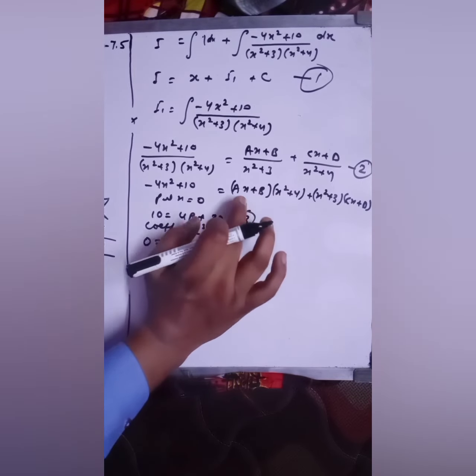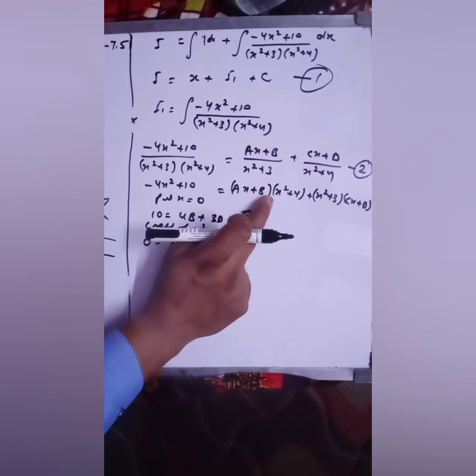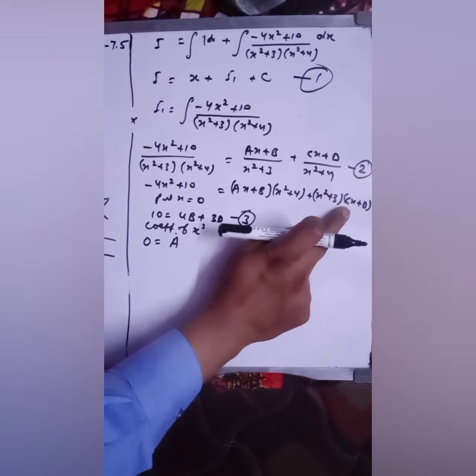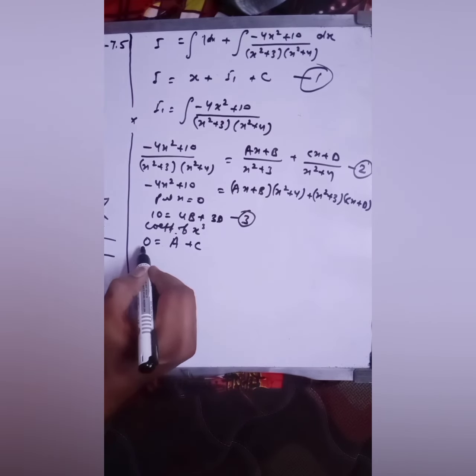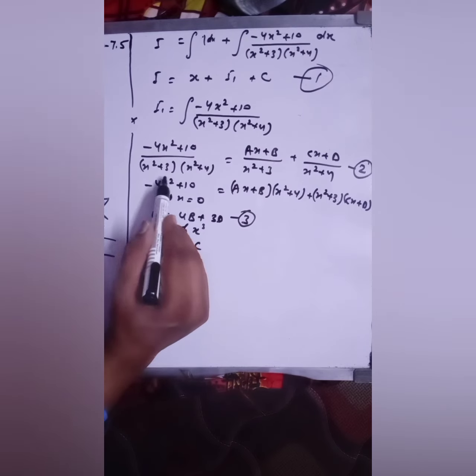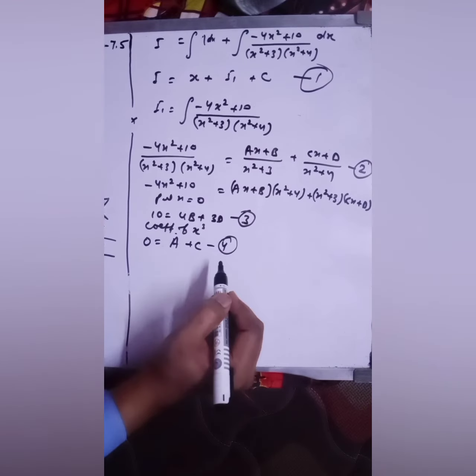When you multiply ax with this x square, you will get ax cube, and similarly here you will get cx cube. So a plus c is equal to 0. I am writing 0 because there is no x cube term on the left hand side. So this is your equation number 4.